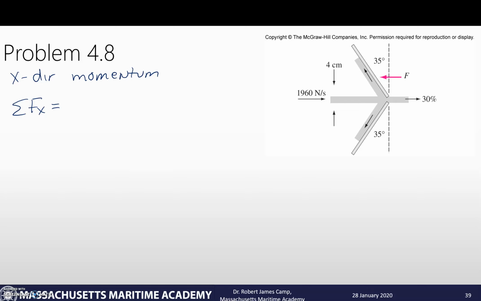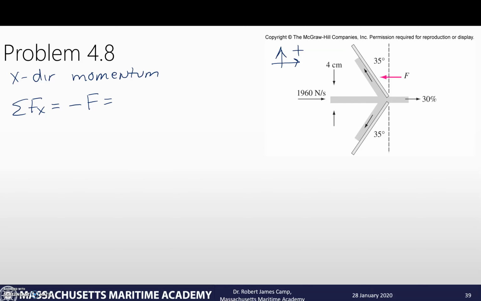And that force is drawn in the negative direction because we're just going to take our typical up and to the right as positive. So I have negative F. What does negative F equal to? Negative F is equal to the sum of all of the mass flow rates times the velocities, so our momentums, the sum of all the momentums coming out minus all the momentums coming in. So let's look at that.